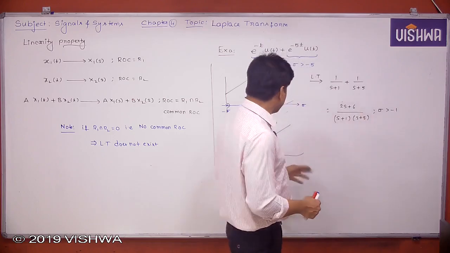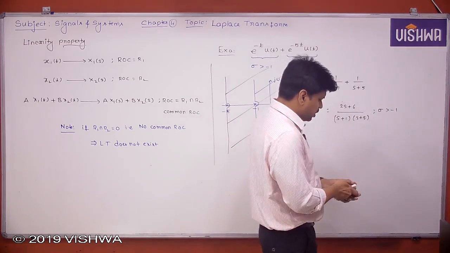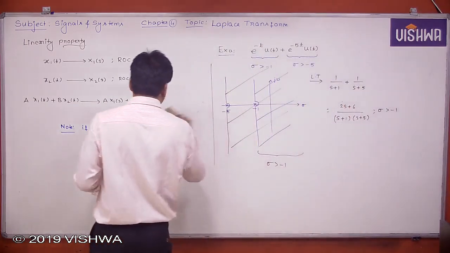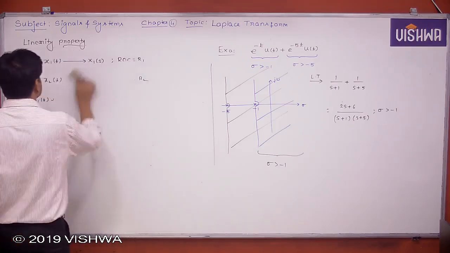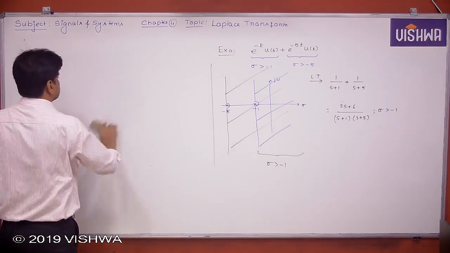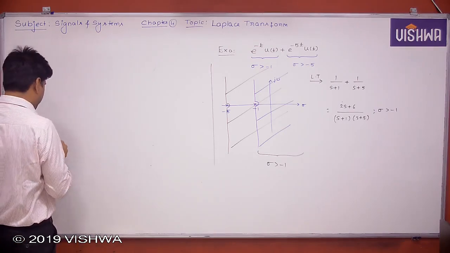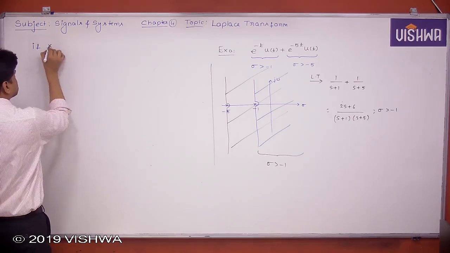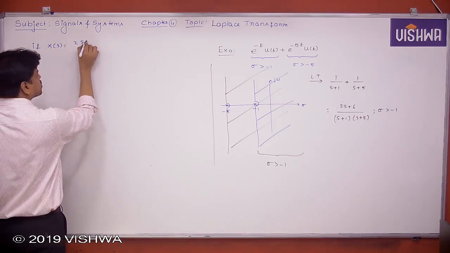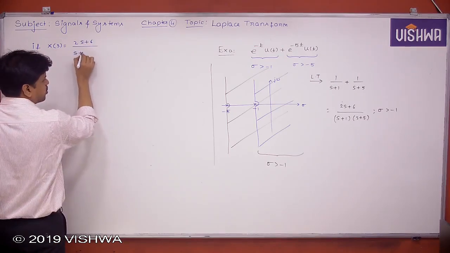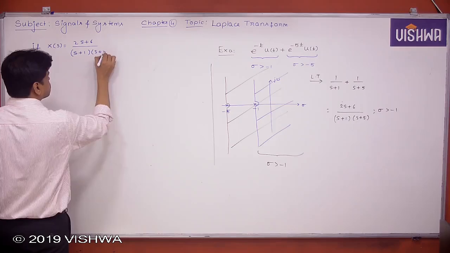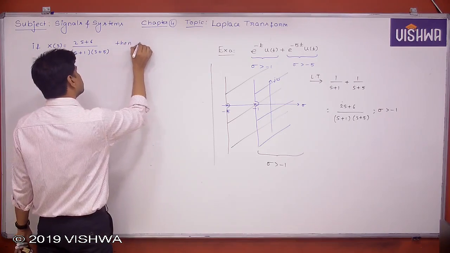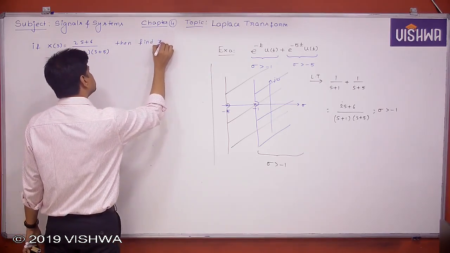So here we are having two poles. Let's say this is the question they have given. Suppose X of s is equal to 2s plus 6 by (s plus 1) into (s plus 5), then find X of t.